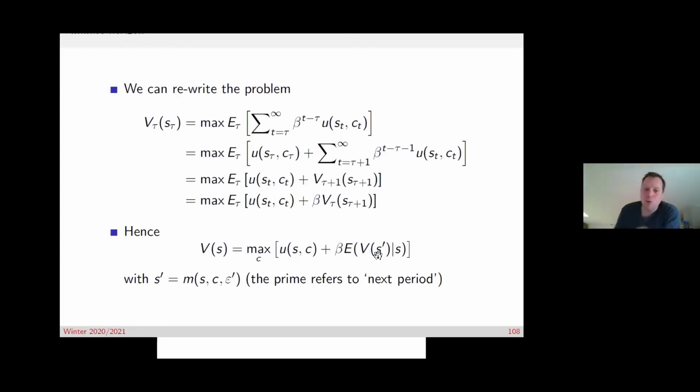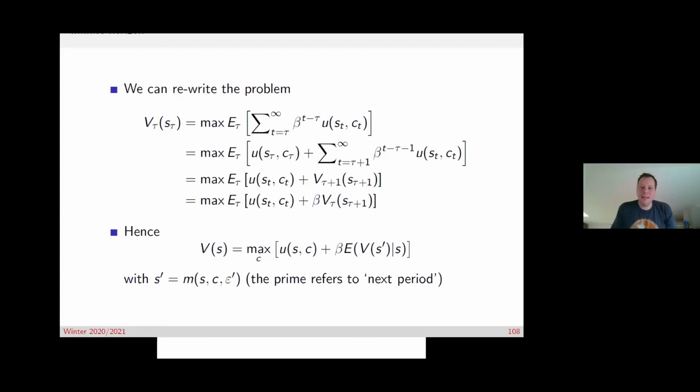So you just need to consider today and tomorrow, and we again have the situation that we can use this iterative process, this contraction mapping theorem and everything to find the value function.